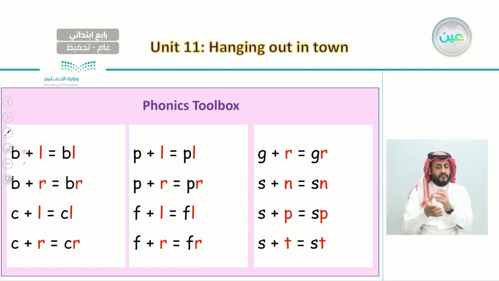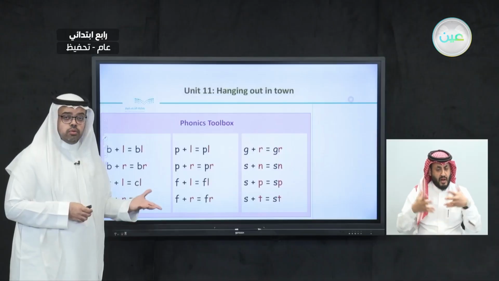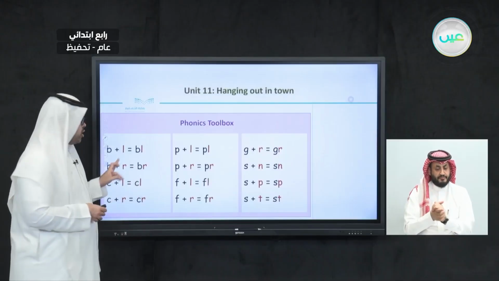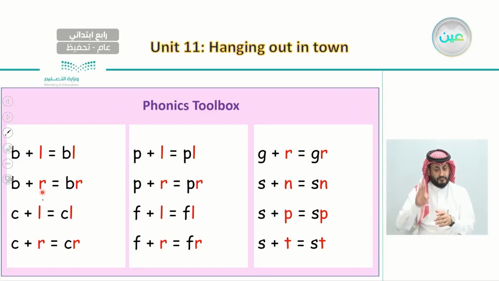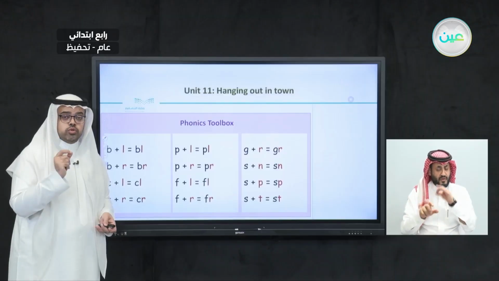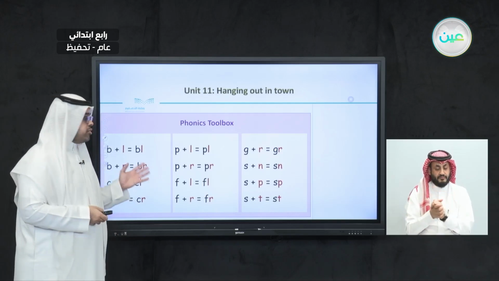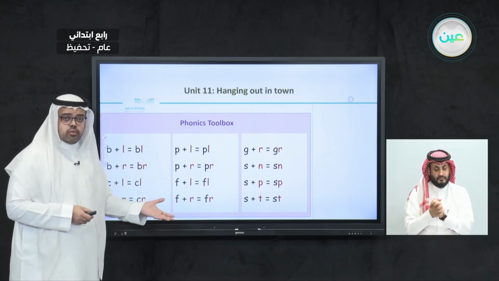Here we have the letter B. If we add to it the letter L, then it will be a blend, like for example black, blue. Also, here we have the letter B. If we add to it R, then it will become a blend. And what do we mean by a blend? It is one sound unit, as for example in brown.